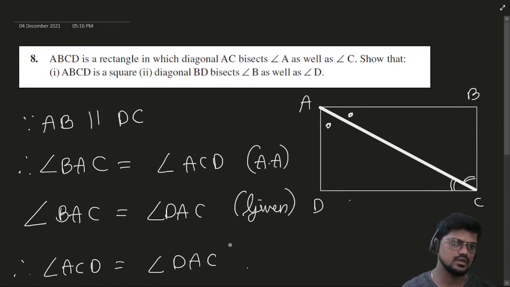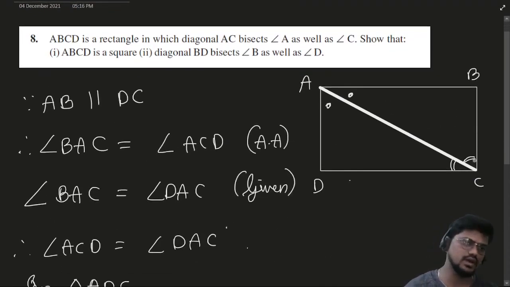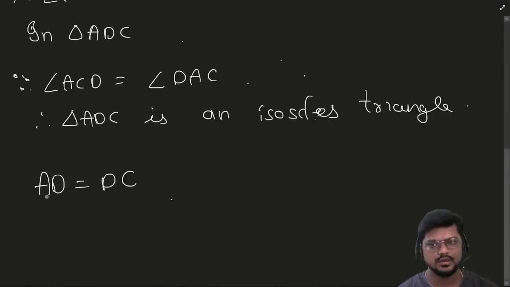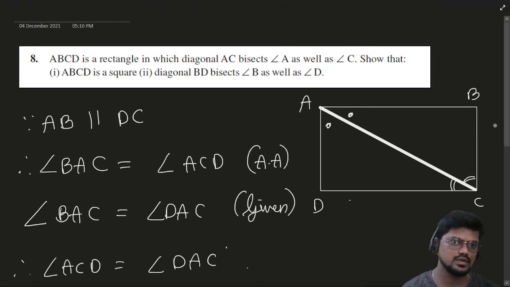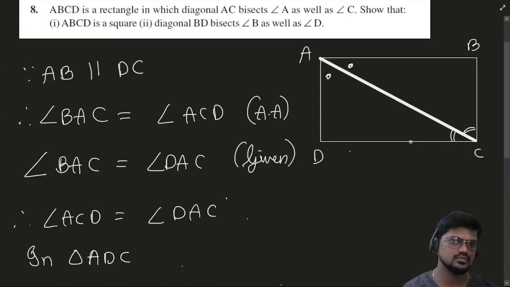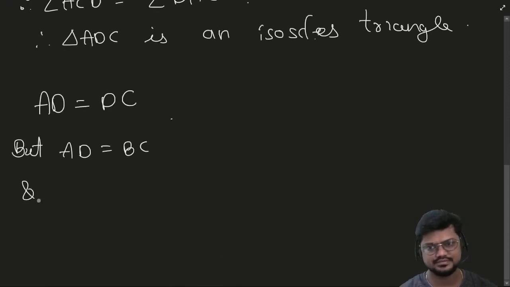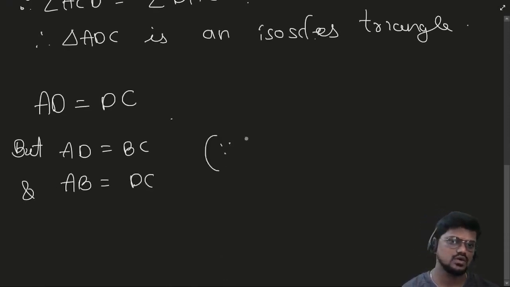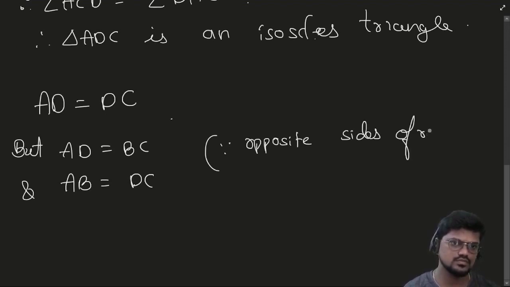But AD will be equal to BC. Why? Because it's a rectangle. Opposite sides are equal. AD is equal to BC and AB is equal to DC, since they are opposite sides of a rectangle.